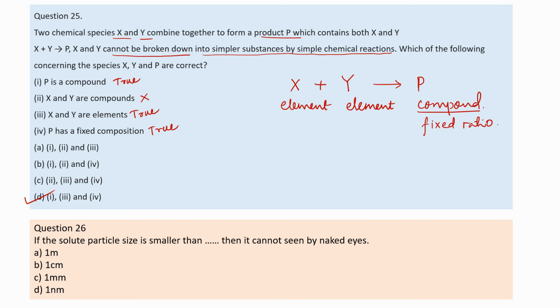Next question is, if the solute particle size is smaller than this, then it cannot be seen by the naked eye. So if it is smaller than 1 nanometer, nm stands for nanometer, then only we cannot see it with the naked eye.